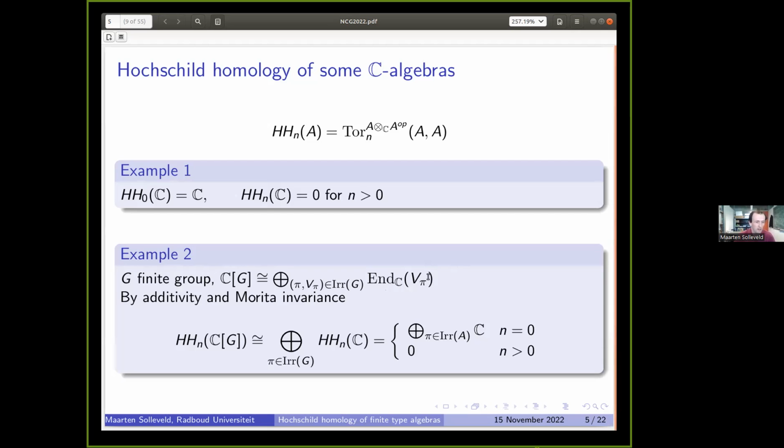And then you can apply the additivity property and the Morita invariance property to immediately compute this. And you see that again in degree 0, you get something like the space of irreducible representations, a vector space, and in positive degrees, you get nothing. So here you see some simple-minded relation between Hochschild homology and irreducible representations of an algebra already.